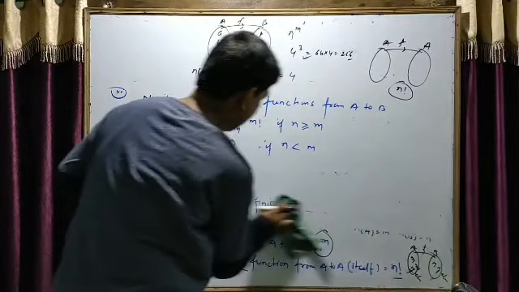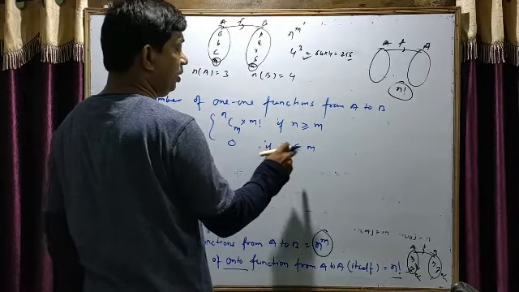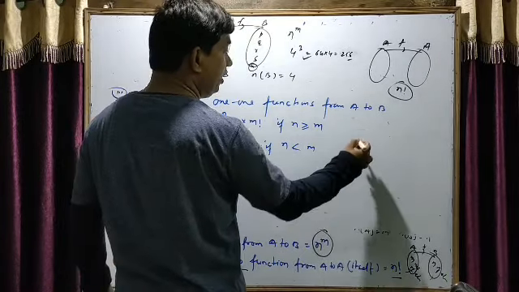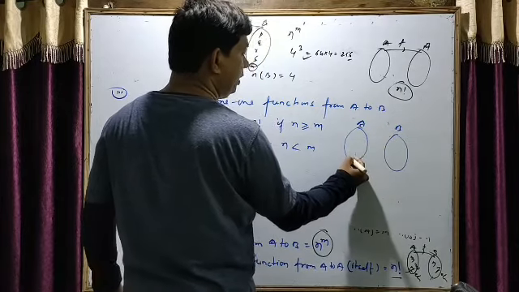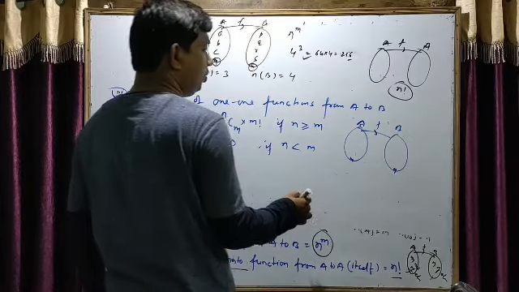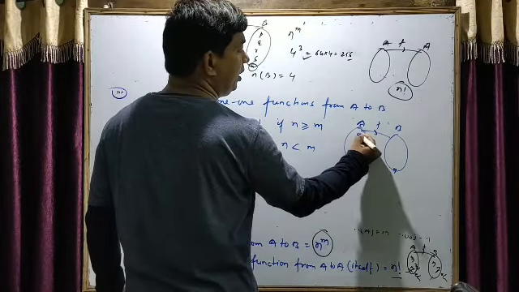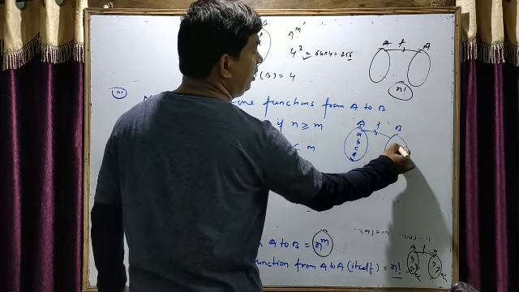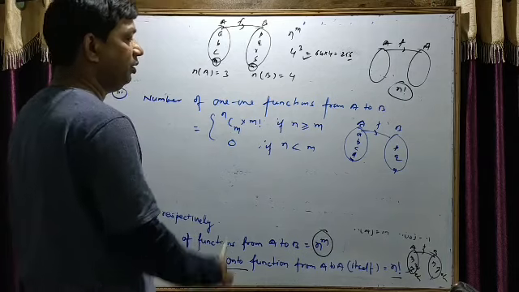Why it is 0, that is the point I have to explain. This is A containing m elements, B containing n elements, and F is a rule. If n is smaller, say A, B, C, D here and P, Q here, then it is never one-one.